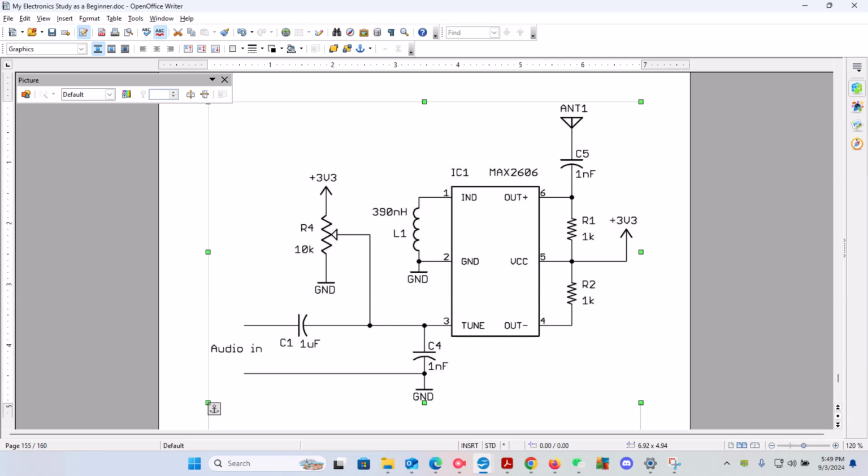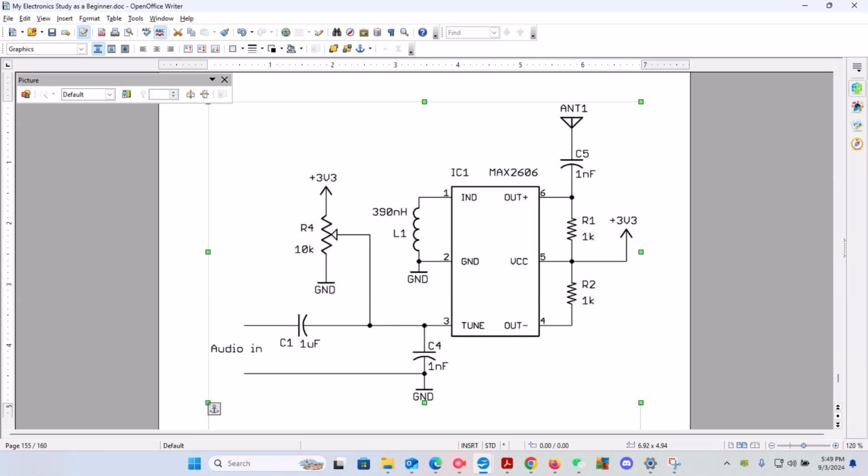That's from our audio, and it has a capacitor. Then we have the pin outs from the IC. The first one is IND, then we have ground, which goes directly to ground, of course. Then we have the tuner, the third pin out, which goes to a capacitor and then directly to ground.